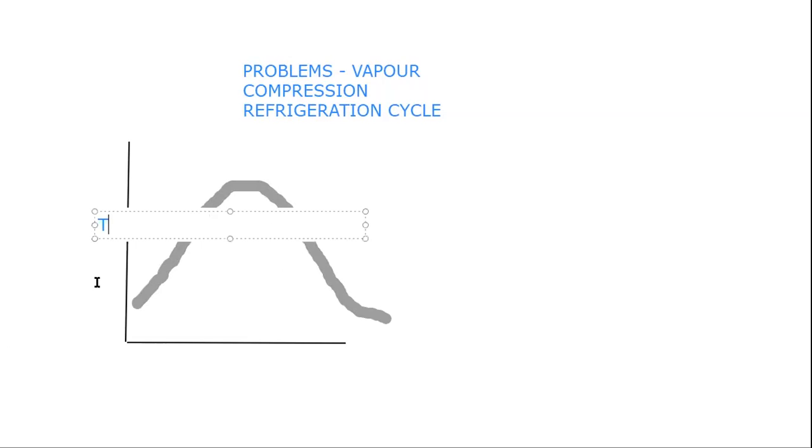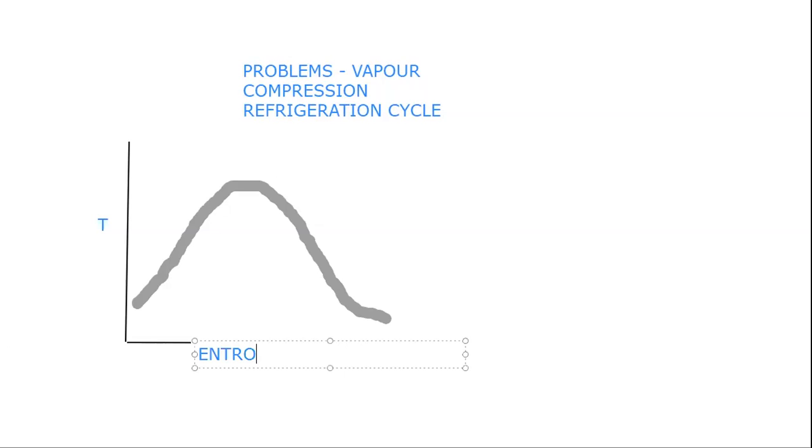Temperature will be on the y-axis, and entropy will be on the x-axis. So here is the entropy, and I'll write temperature to be clear.